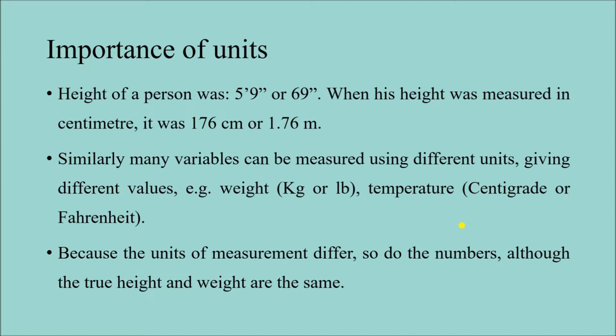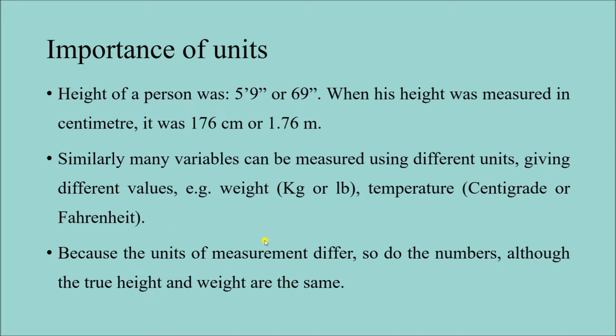When the height of the same person was measured using the centimeter scale, the person was found to be 176 centimeter tall. 176 centimeter is basically 1.76 meter. So as you can see, depending on which unit we are using, feet or inch or centimeter or meter, we can have separate values: 5 foot 9 inch, 69 inch, 176 centimeter, 1.76 meter.